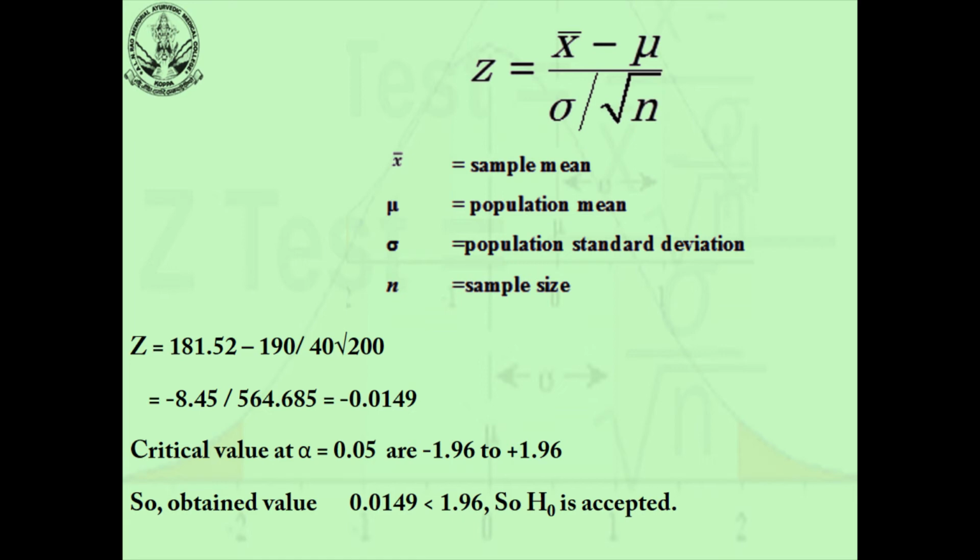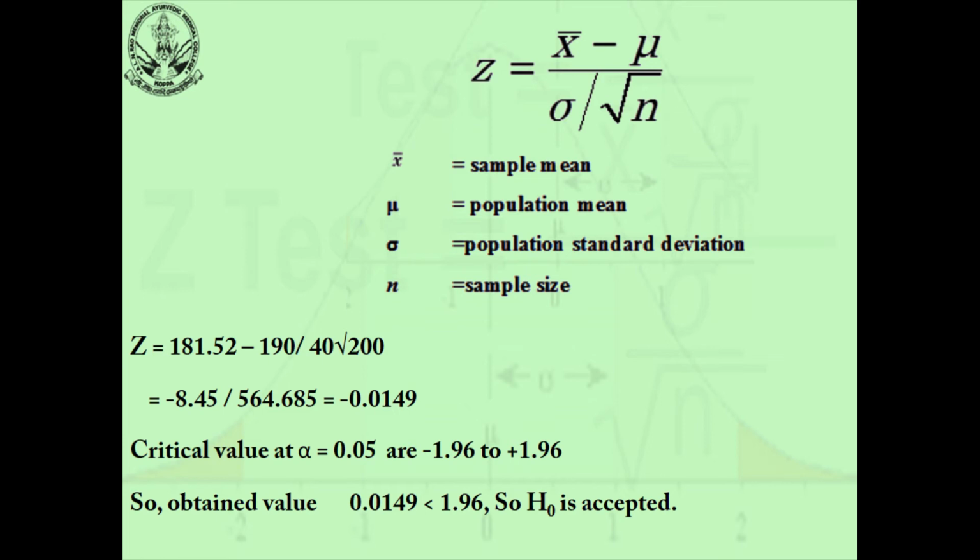Suppose all are normally distributed with mean 190 mg per dm, but when we performed the test on 200 men, the sample mean was 181.52, and the standard deviation is given as 40 mg per dm. So in the formula, sigma is 40 and n is 200, with root n under it. That is applied exactly here.